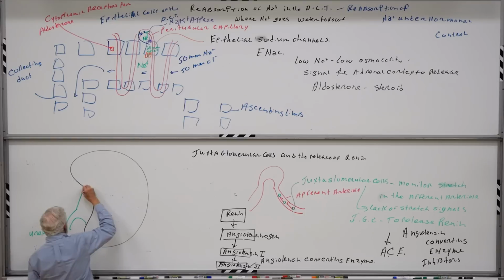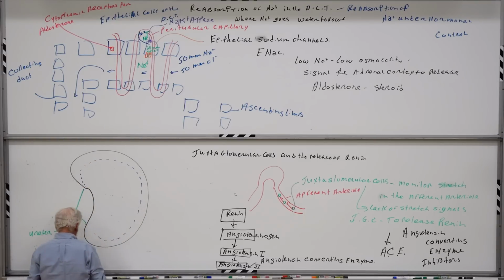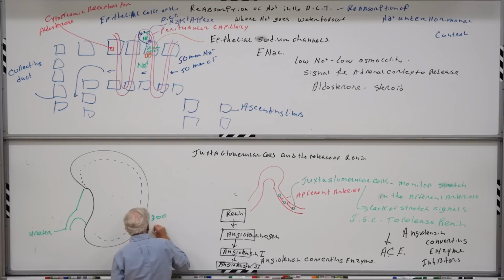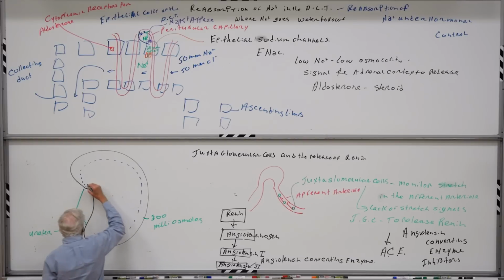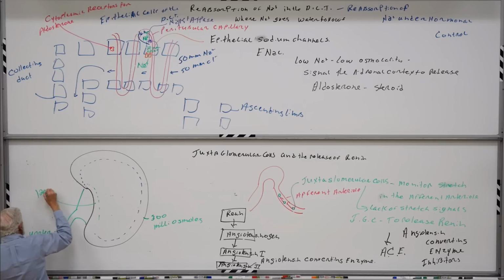The idea here of the cortical medullary gradient, where we've emphasized that the concentration of ions and small molecules is around 300 milliosmoles in the cortex, but can range as high as 1,200 milliosmoles in the medulla.